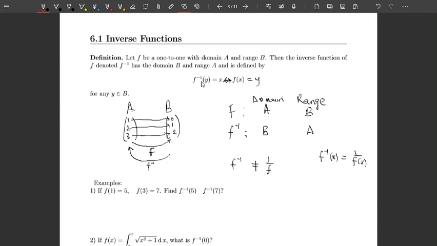If I want to talk about 1 over f of x, I would put f of x inside brackets and put -1 as the exponent. This gives me the reciprocal. This is not equal to that, please. So please note this concept. It's really very important.